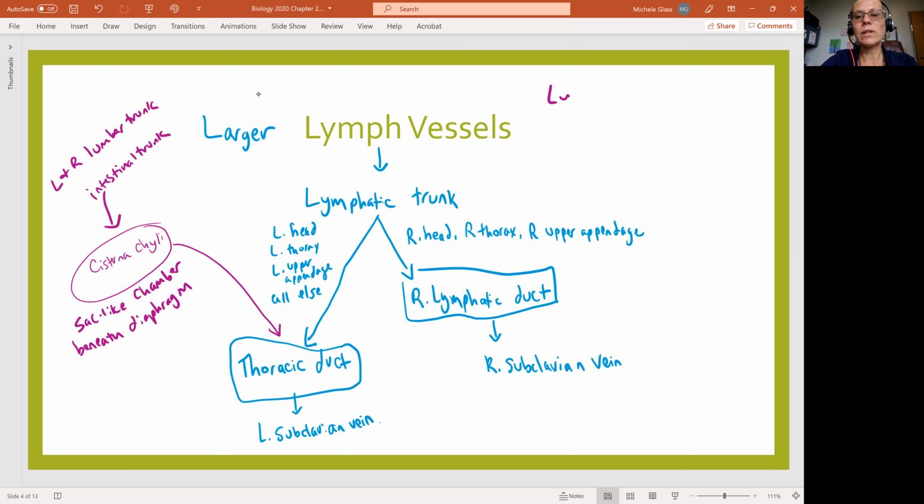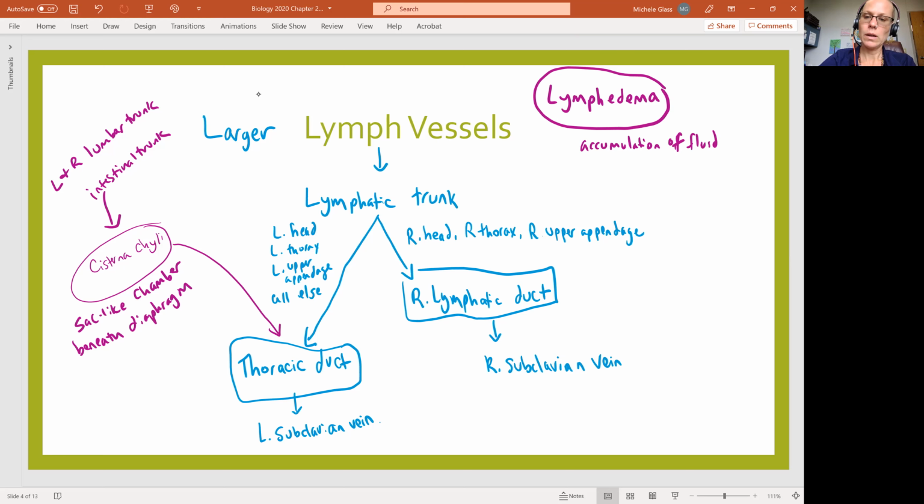If your lymph is not moving through your system, if there's a blockage, we call this lymphedema. Now, lymphedema is when you have accumulation of fluid in your body tissues, and this can be due to a lymphatic system blockage.